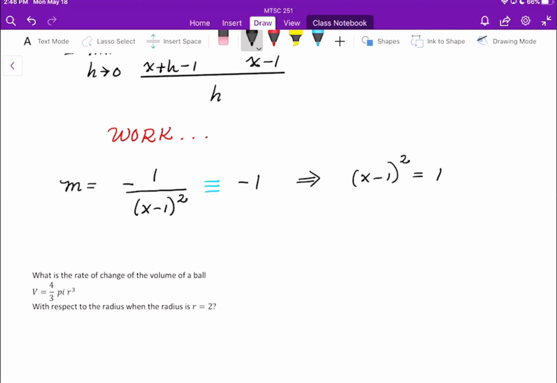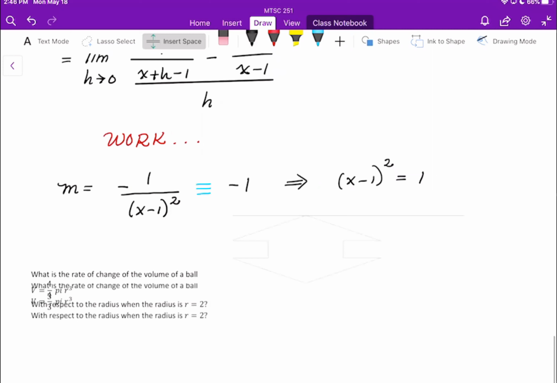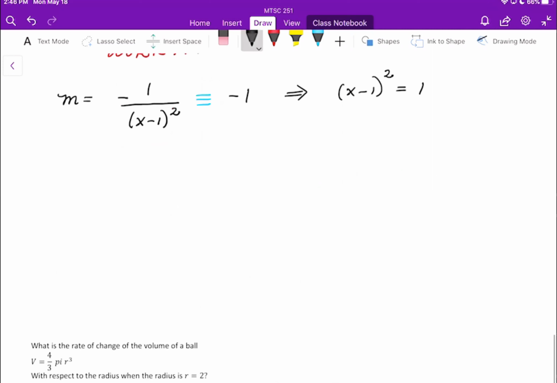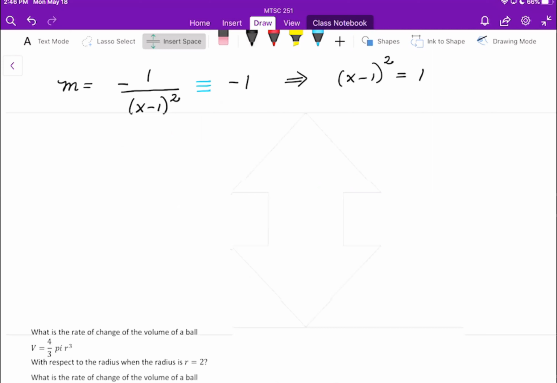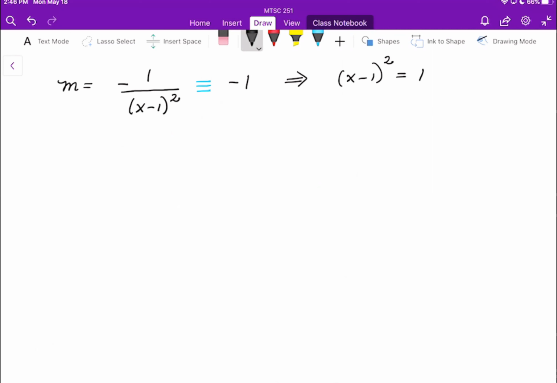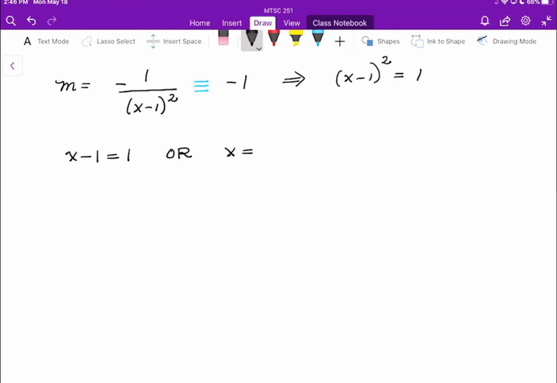So that says for us that x minus 1 can equal 1, or x minus 1 can equal -1, because both of these will have square equal to 1.